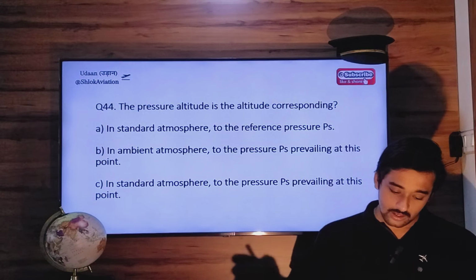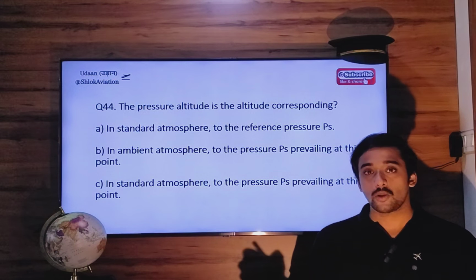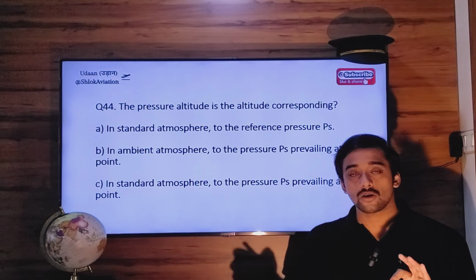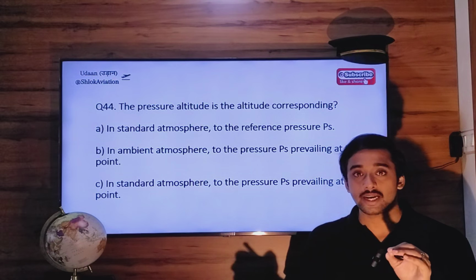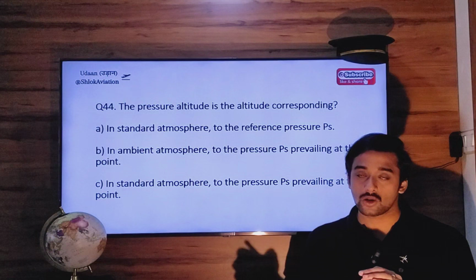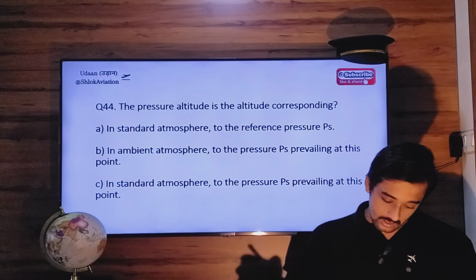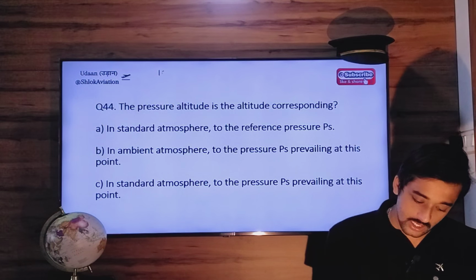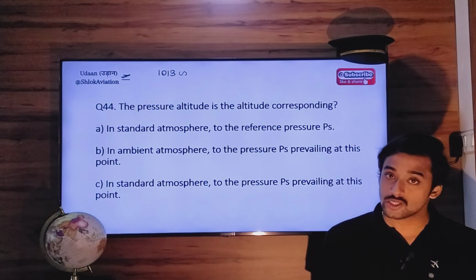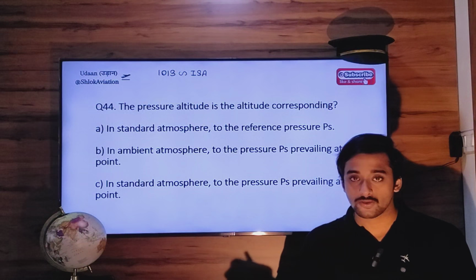Question 44. The pressure altitude is the altitude corresponding to what? Now pressure altitude is the altitude or vertical distance indicated by an altimeter when you set standard pressure setting 1013 in the altimeter setting window. That standard pressure setting 1013 happens to be in ISA atmosphere, International Standard Atmosphere.